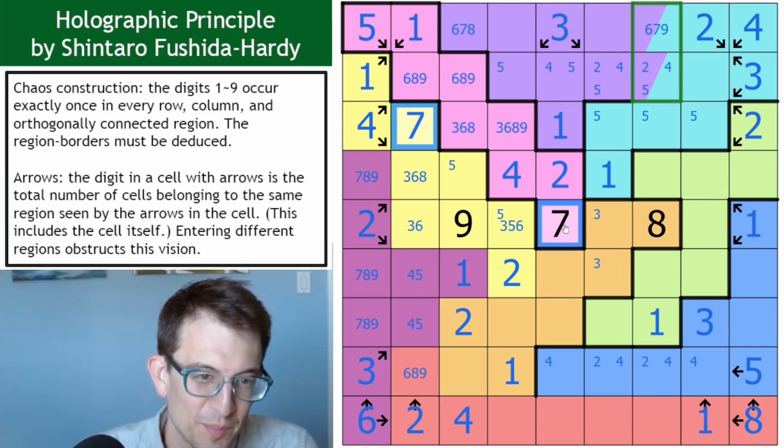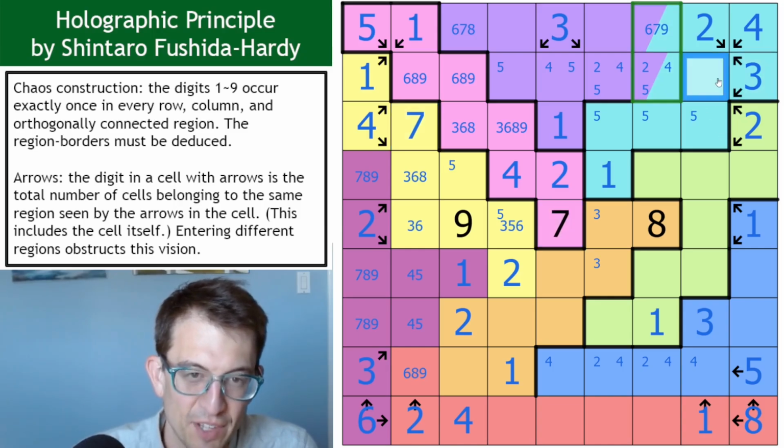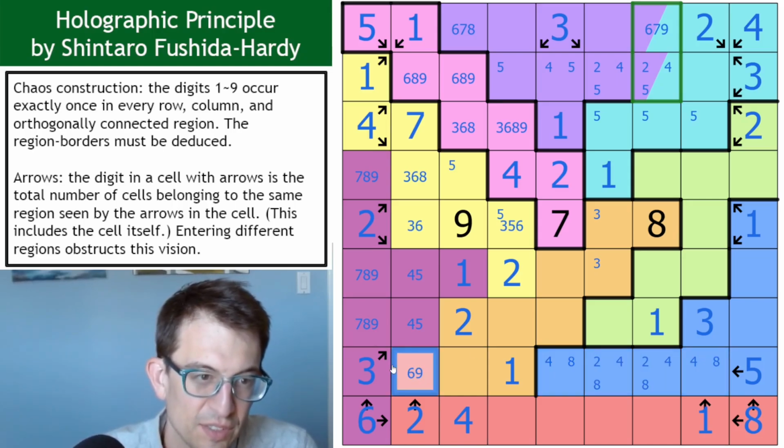Okay, do I have more 7? I don't have a ton of 7s to go on. This could be 7, otherwise I could say my light blue 7 is one of those. I get 8 here, actually. So this is not 8.